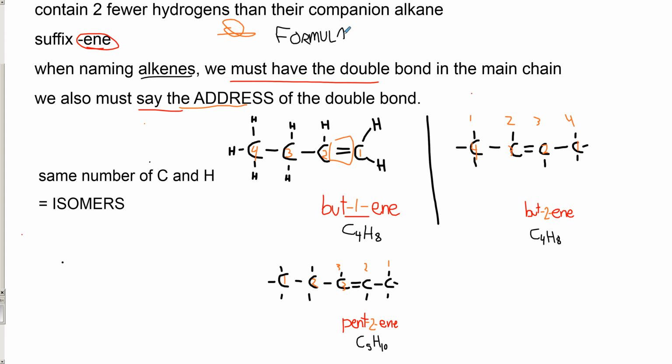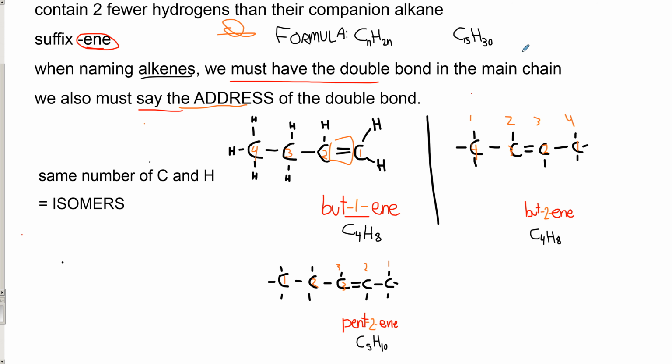If my number of carbons we call N, the number of hydrogens we have is always twice that much. So if I had an alkene that had 15 carbons, to know how many hydrogens it has, I multiply by 2, which means it would be C15H30.